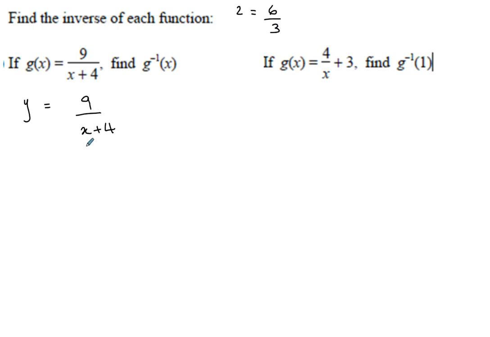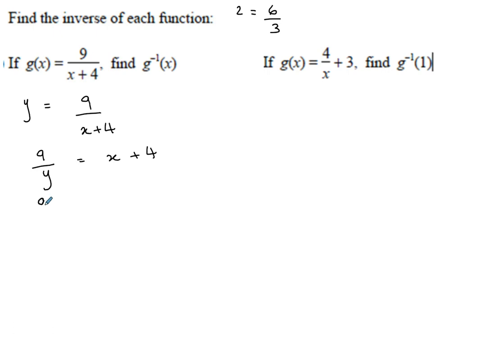We want to isolate the x plus 4. So to get the 3, we have to do that divided by that. So you can see we're going to do 9 divided by y equals x plus 4. And then we minus the 4.